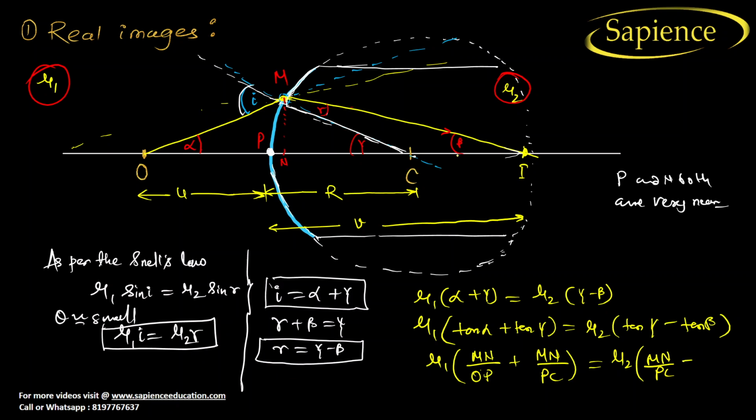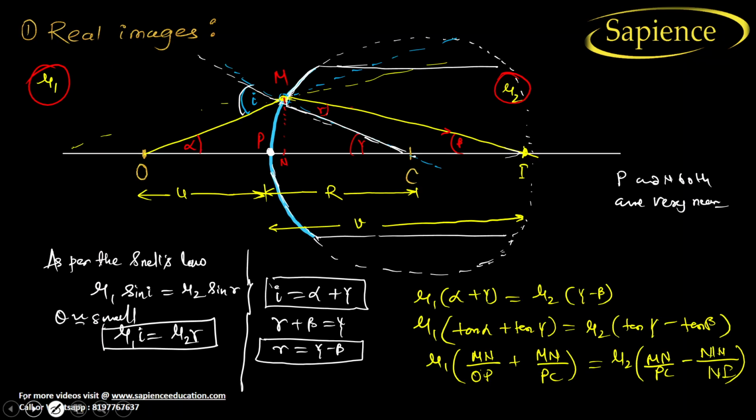Tan beta, for this angle, will be MN by PI, or we can say MN by NI also, because both are very nearby. Okay, so I hope you have understood this.